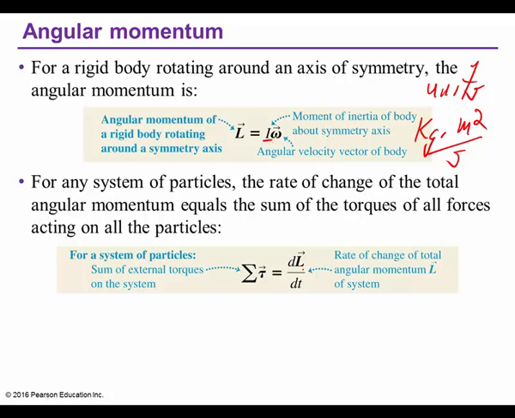And yes, we can find the torque if we take the derivative of the angular momentum. So basically we go backwards, don't we? We can find the torque from angular momentum.